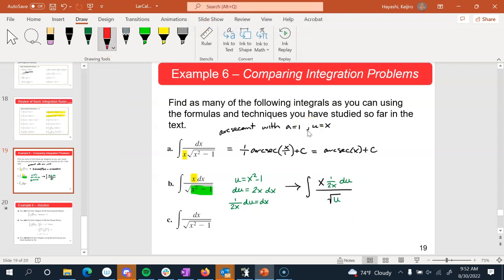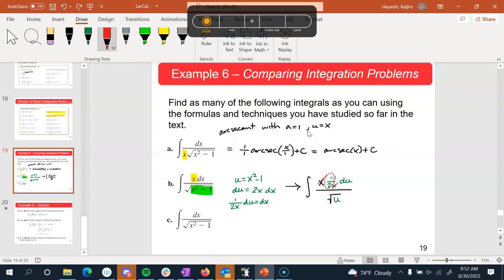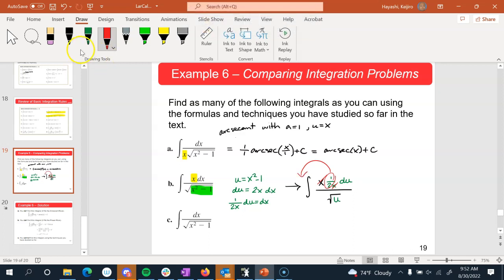Well, we got x right next to a 1 over 2x. We can cancel those out right away. And we're just going to be left with a 1/2 du. And we can take the resulting 1/2 to the front.